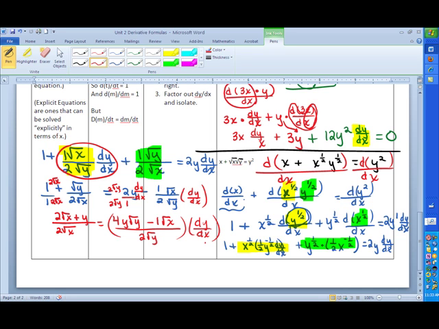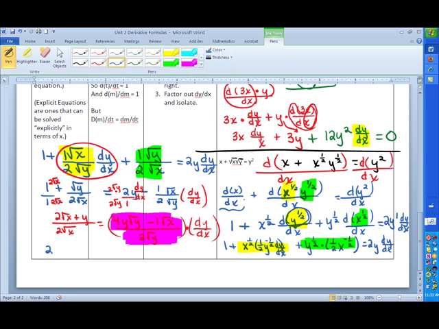I did a lot of algebra right there, so take a second and make sure that you caught up on that algebra, because the hard part about calculus isn't calculus, it's the algebra. Now to get dy dx by itself, we're going to divide by everything in parentheses there. So we have to divide by the pink, and when we divide by the pink, let's flip and multiply.